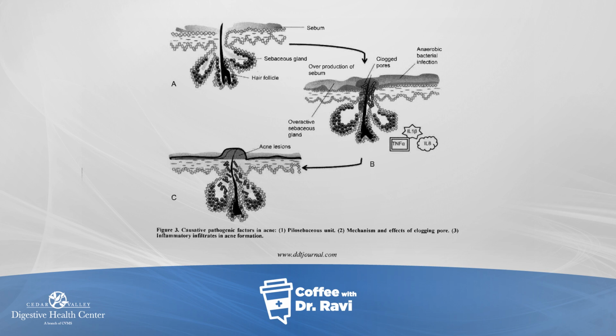This whole unit is called a pilosebaceous unit. And when I talk about the pore, it's the pore through which the hair follicle is coming up. So think about it like this plant. This could be the pilosebaceous unit, and this is the hair follicle that's coming out, and the opening of this is the pore.